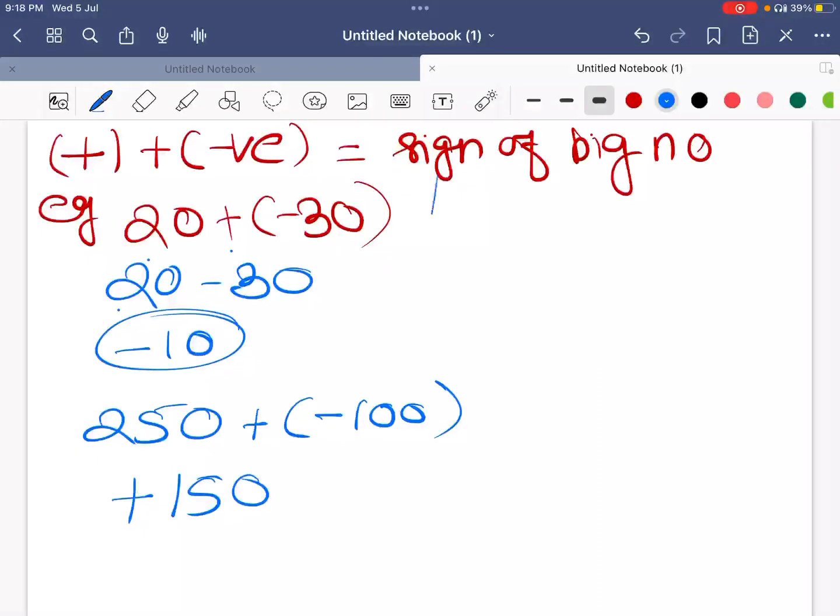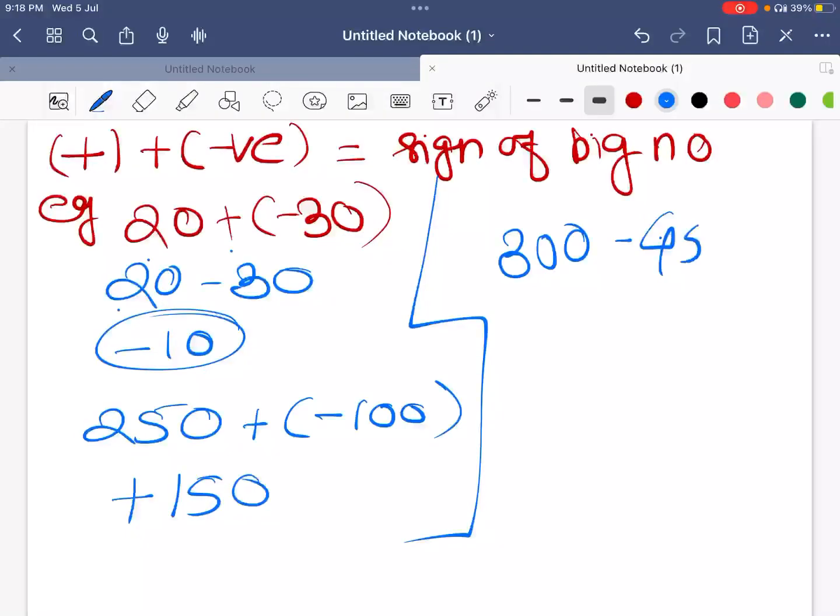So take another example. Sorry, we have to make a change like this. 300 plus of minus 450.